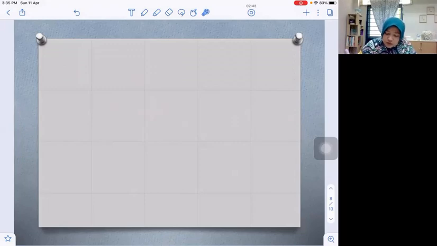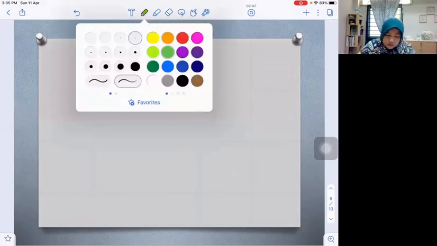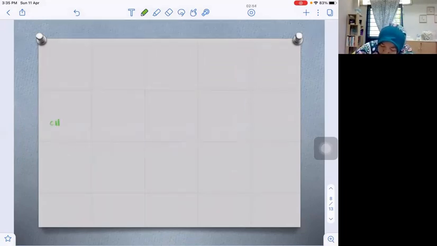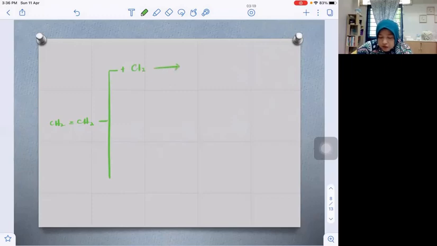Let's say our alkene is ethene, CH2=CH2. Firstly, it is reacted with a halogen, Cl2 for example, in dichloromethane, CH2Cl2. From the table, the condition is room temperature.